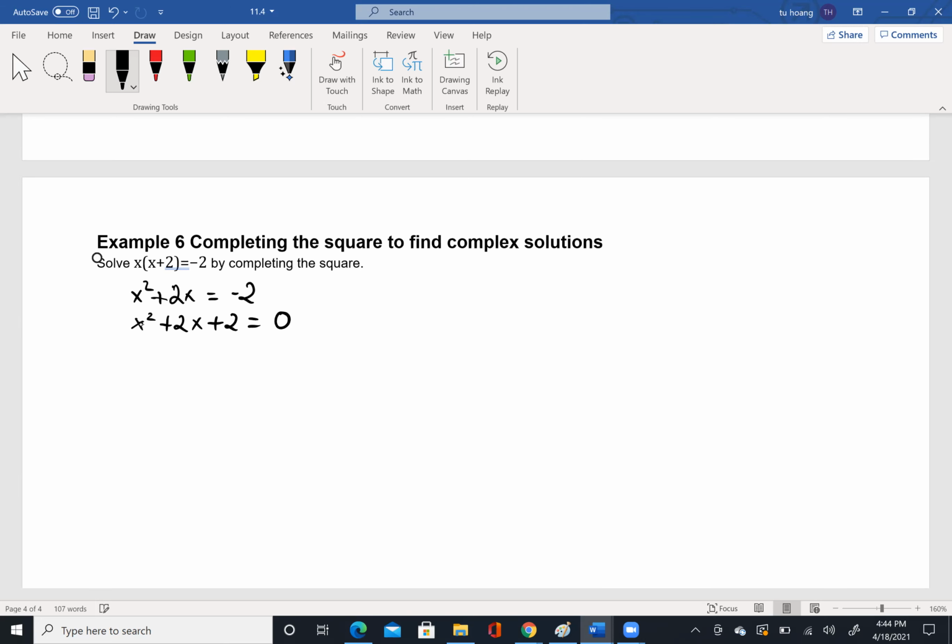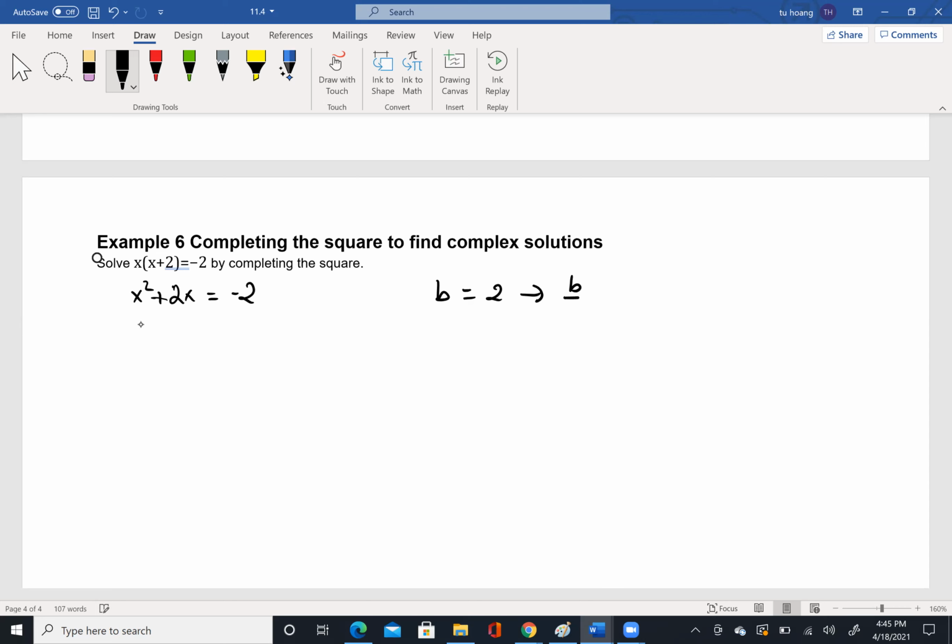Equal to 0. So we have b in here equal to 2. Actually, no, I can just use this and say b in here equals 2.